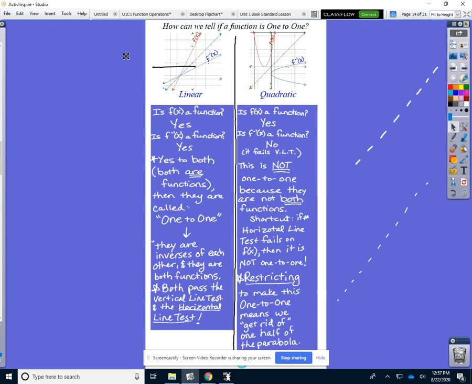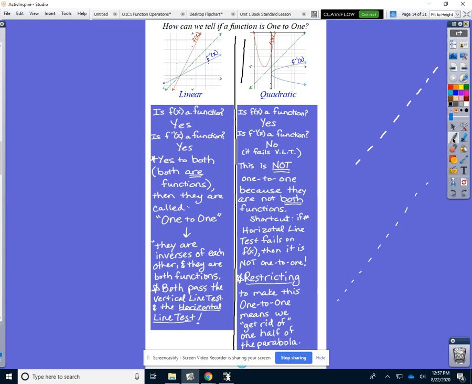So that would be the reflection over the line y equals x. So if the red passes a horizontal line test, it ultimately means that the blue will pass the vertical line test. So the horizontal line test is a shortcut to knowing whether or not the inverse will pass the vertical line test. And it works because a horizontal line is the inverse of a vertical line.